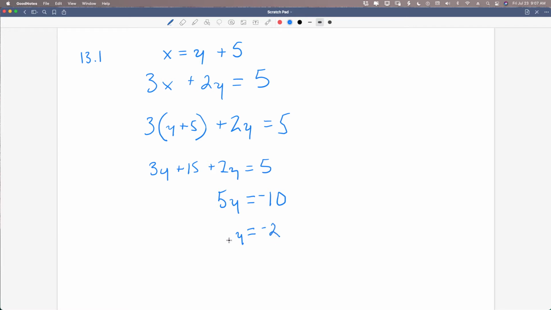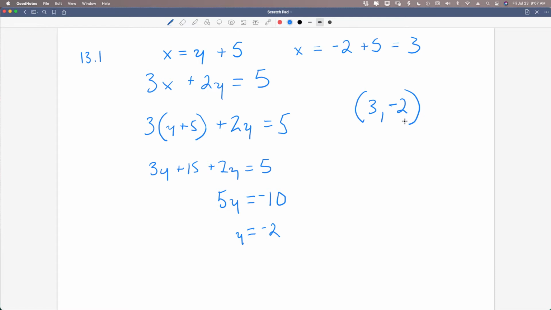So now all we have to do to solve for x is put negative 2 in for the y value. So x is going to equal negative 2 plus 5. So x is going to equal 3. So now we know that x is 3 and y is negative 2. And here is our point on the coordinate plane that is the resulting answer.